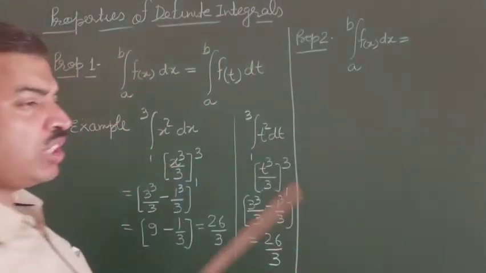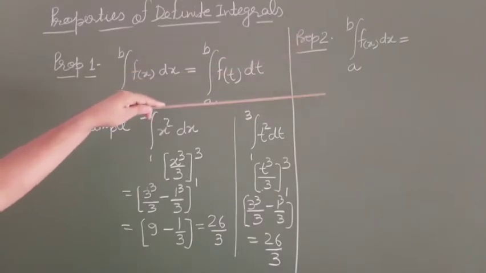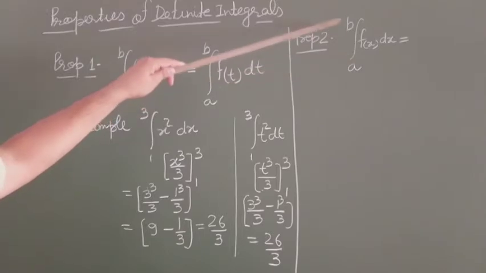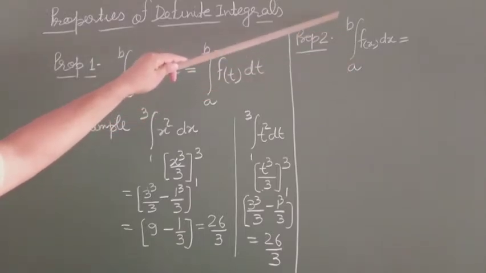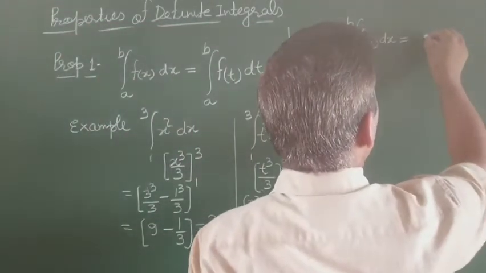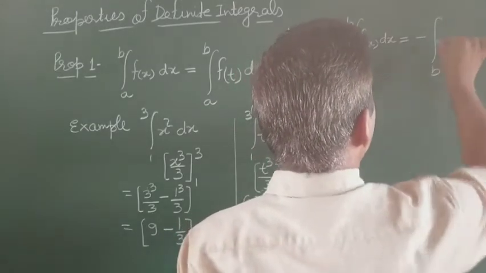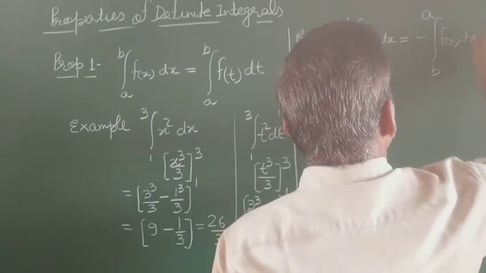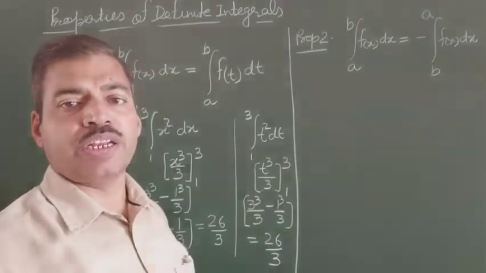If we change the position of the limits, in place of b I write lower limit a, and in place of a I write upper limit b, then the answer will be negative.